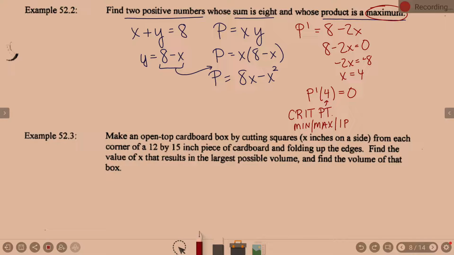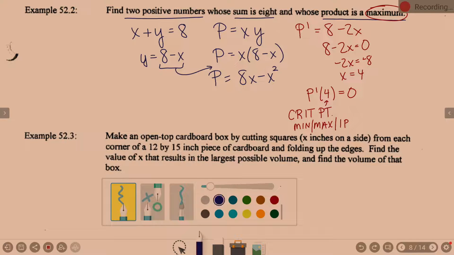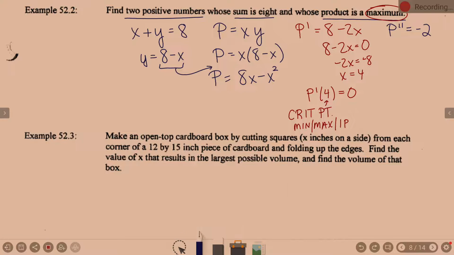Okay. How do I confirm this is a max? Second derivative, yes? So, what is the second derivative? -2. And so that means the second derivative evaluated at 4 is also -2.